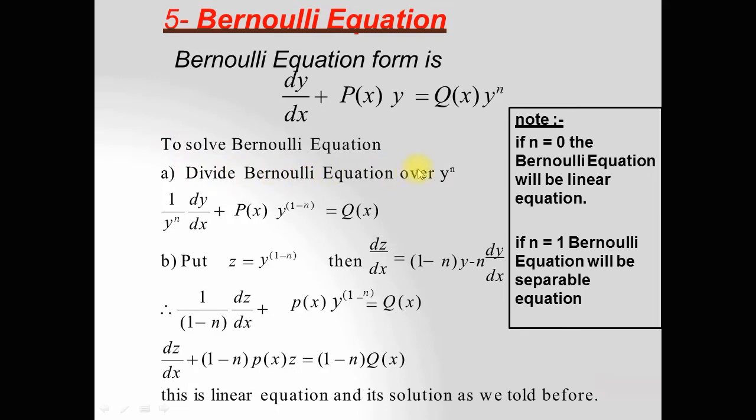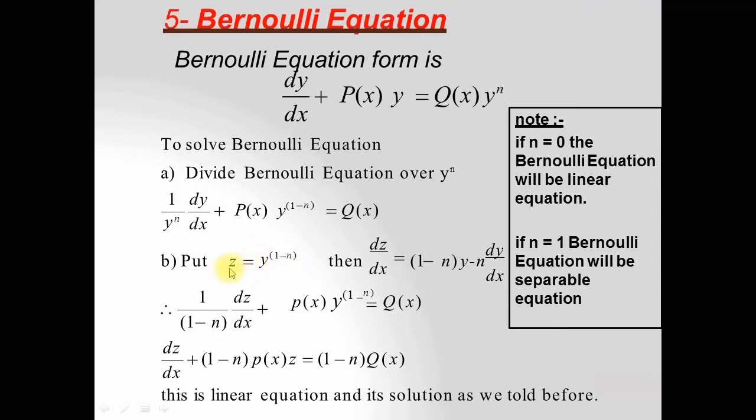Divide the Bernoulli equation by y power n. So we get 1 over y power n dy by dx plus P(x) y power 1 minus n equal to Q(x), and put the substitution z equal to y power 1 minus n.